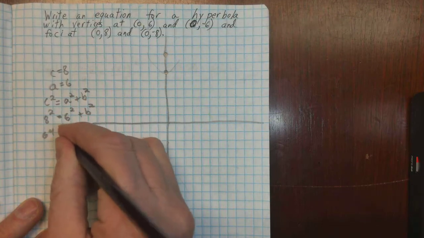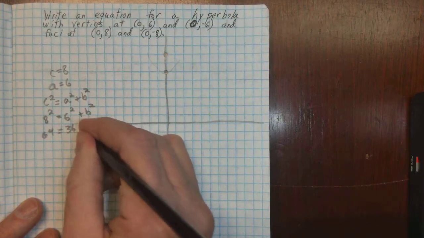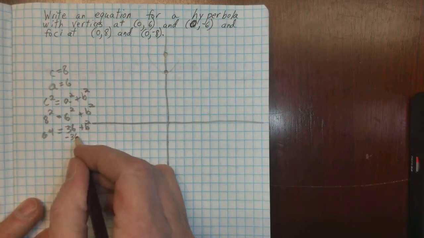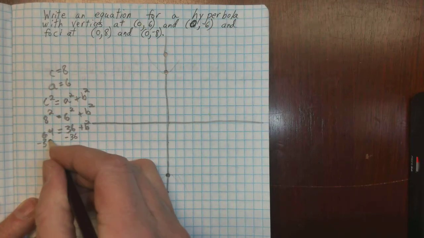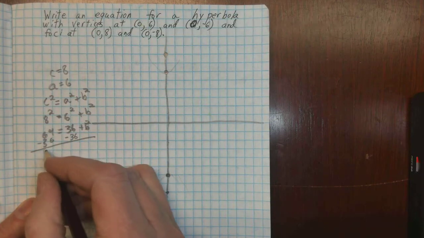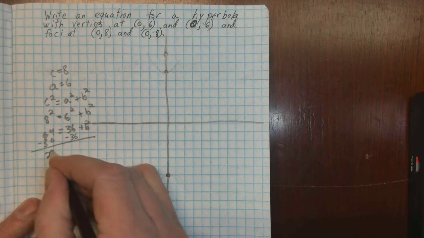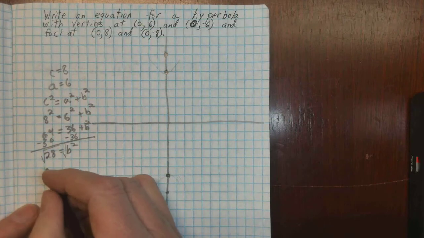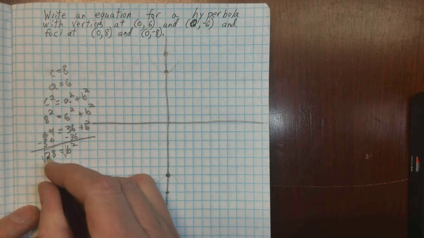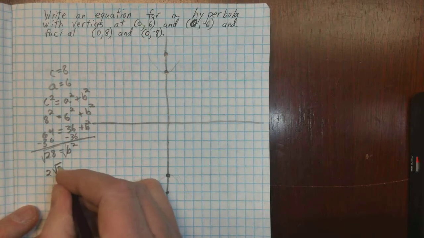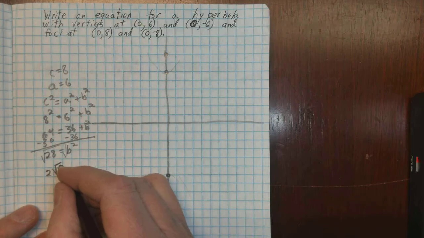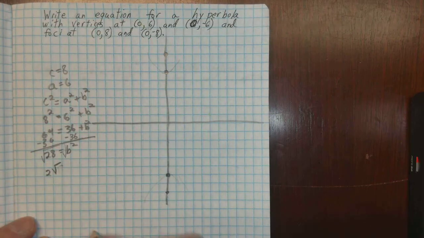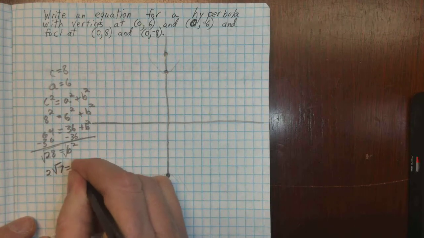That's 64 equals 36 plus b squared. If I subtract 36 from both sides, I get 28 equals b squared. And when I take the square root, 2 radical 7 equals b.